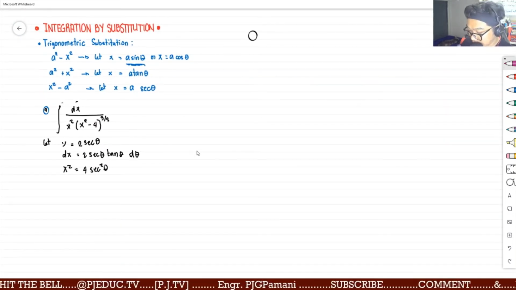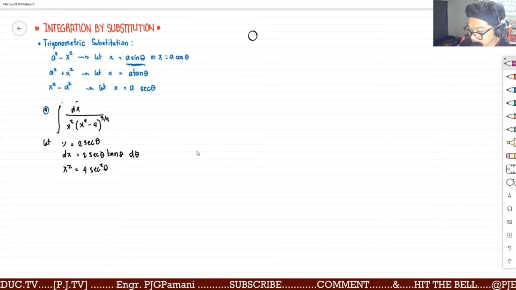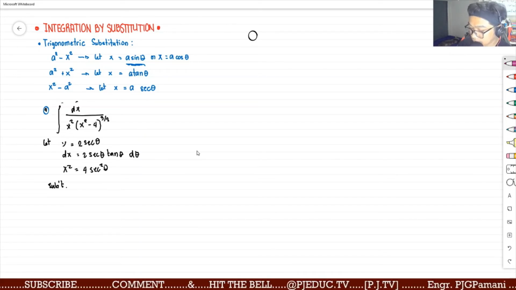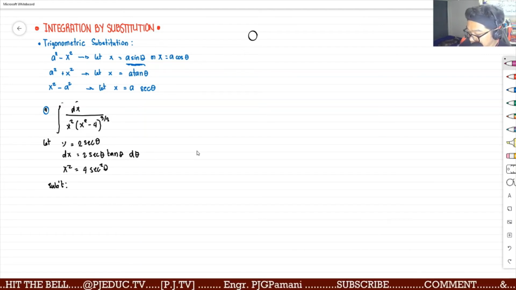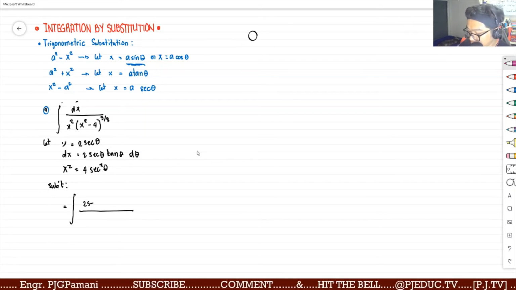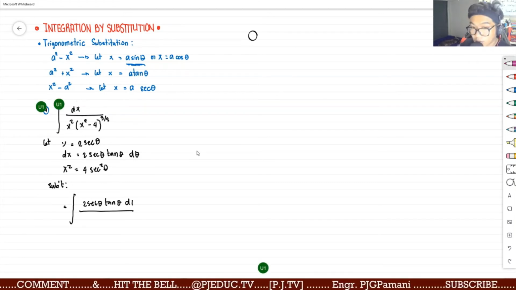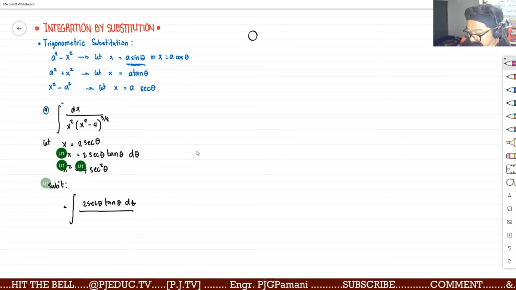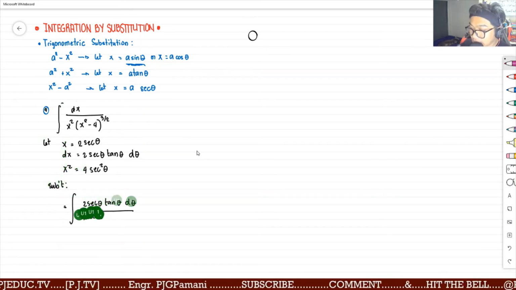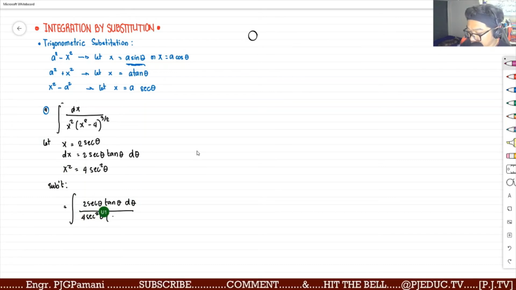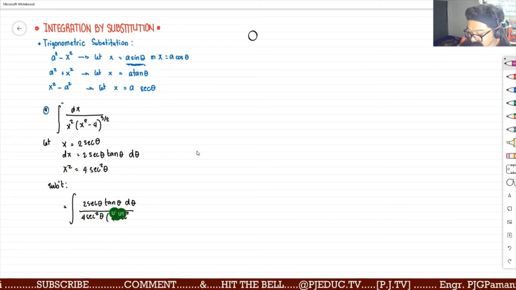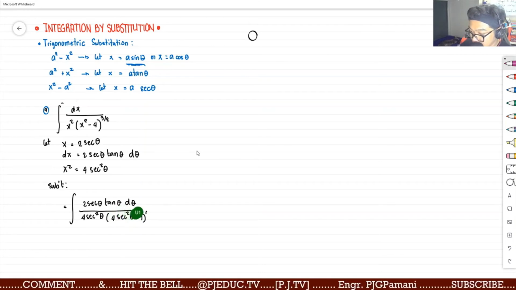Okay. And, gagawin natin dyan next. Substitution na. By substitution, substitute lang natin dun sa original form. That is now integral of dx, which is 2 secant theta times tangent theta d theta all over x squared, which is 4 secant squared theta times x squared minus 4, which is again 4 secant squared theta minus 1 raised to 3 halves.